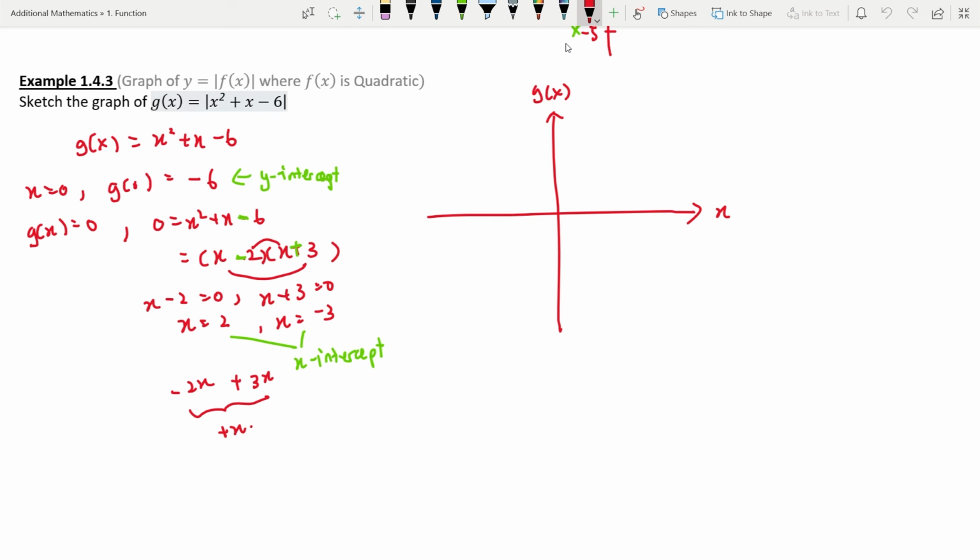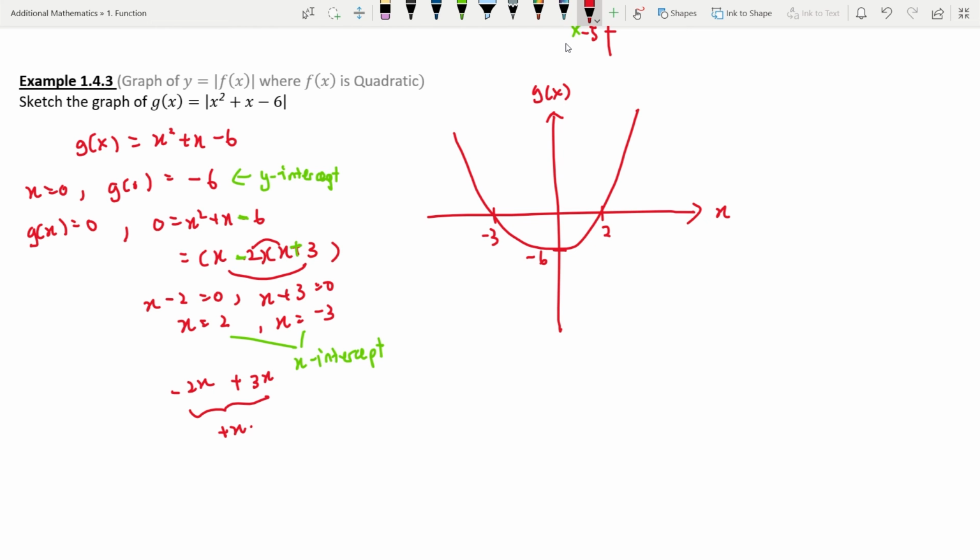Since we have a positive x squared, our graph g(x) is a smiling curve, where it cuts through -3 and 2 for our x-intercepts and -6 for our y-intercept.